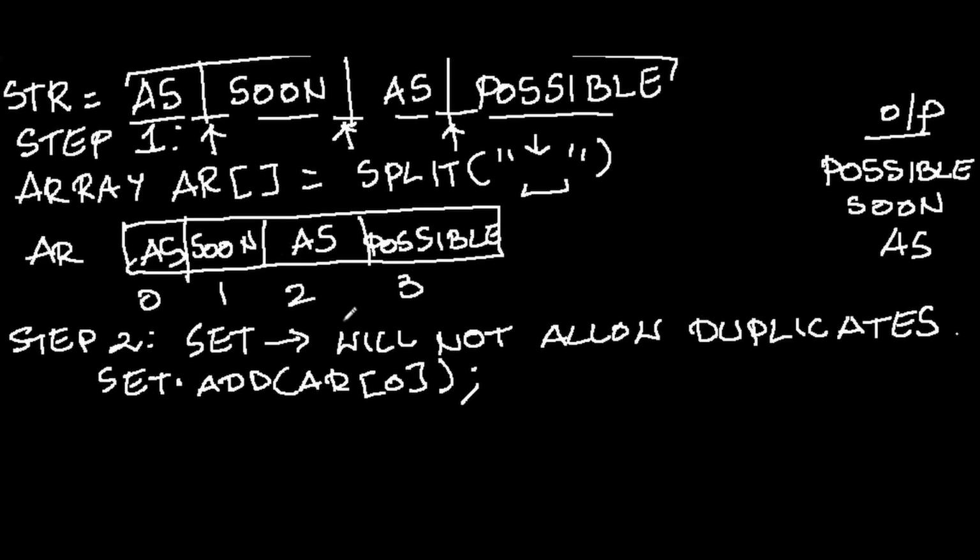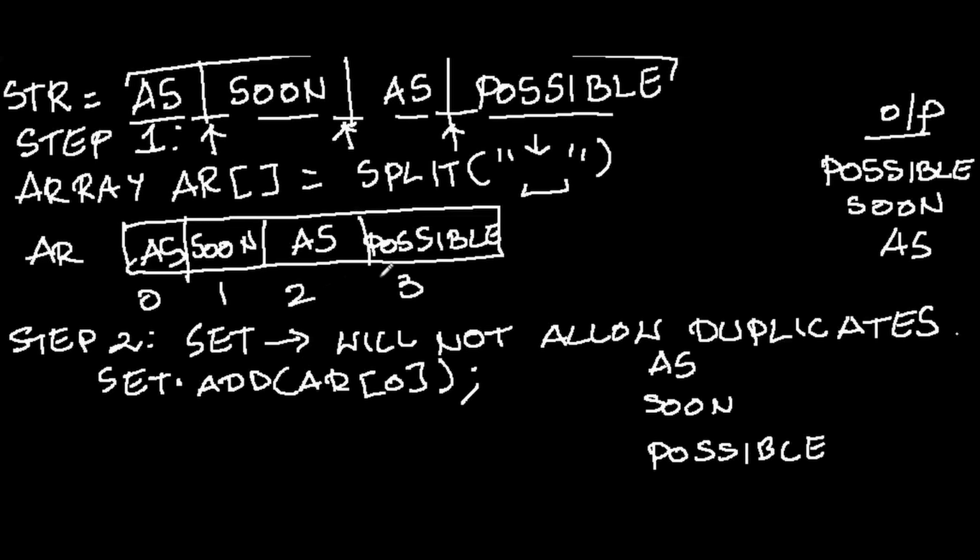So first AS will go in and then soon will go in and again AS will go in. Since set will not allow duplicates, you will be having only one AS. Even if you insert another AS, at the end you will get only one AS. And then you're inserting possible. So possible is present only once, it will get inserted. So what is happening? At the end, you will get AS soon possible.